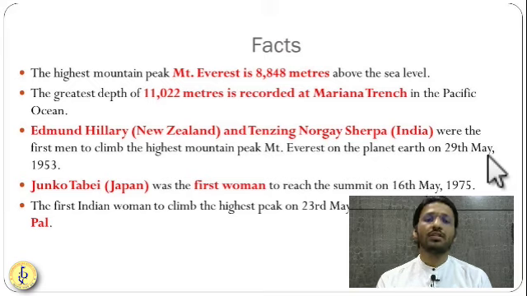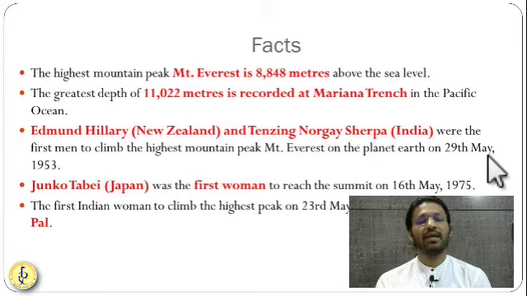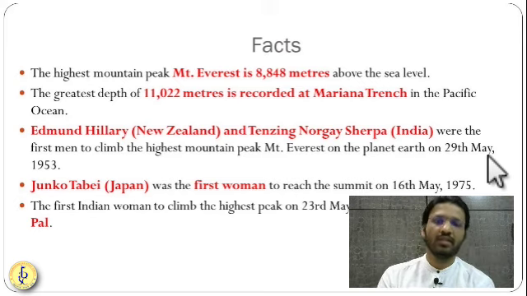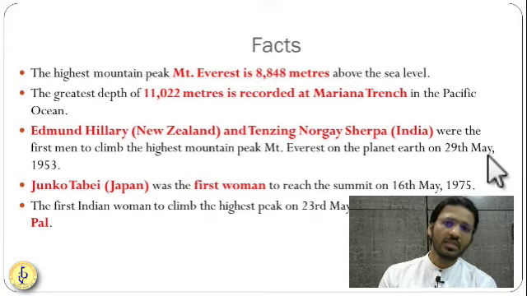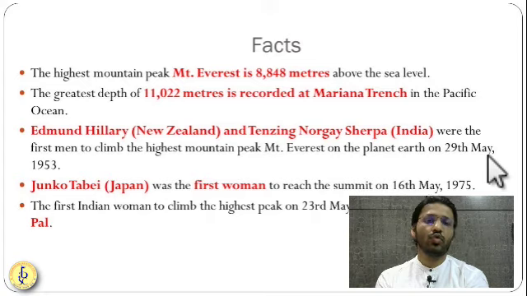Who was the first person who climbed Mount Everest? It was Edmund Hillary, and Tenzing Norgay, an Indian Sherpa. They climbed Mount Everest first in the 1950s. In the case of women, Junko Tabei of Japan was the first woman who climbed Mount Everest, in the 1970s.